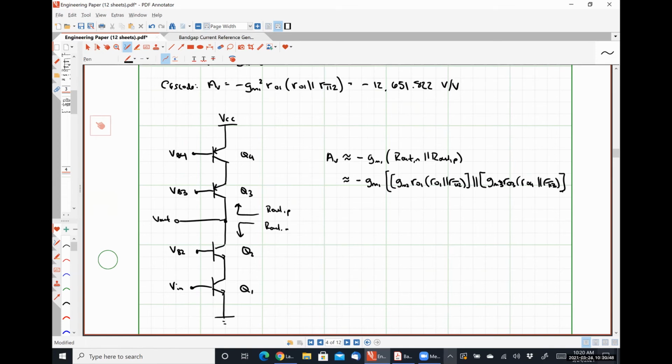So really a better way to think about this would be the transconductance of the NPN transistor times the transconductance of the NPN transistor times the early resistance of the NPN transistor times the parallel combination of the early resistance and the internal resistance of the N side. And then everything over here is just the P values, where we are assuming that GM is the same for all the P types and the same for all the N types, but not necessarily identical to each other.